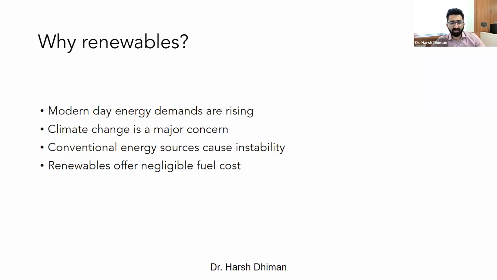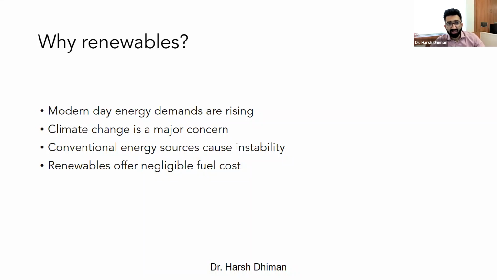But again, given the advantages, there are also some disadvantages which people are trying to get rid of by using the latest available technology. The main reason why we are going forward with renewables is that conventional energy, let's say coal, is quite unstable because you are dependent on the supply of coal and it takes a lot of time.